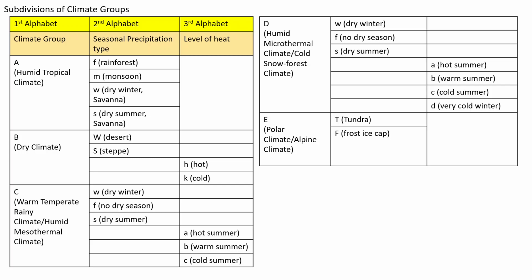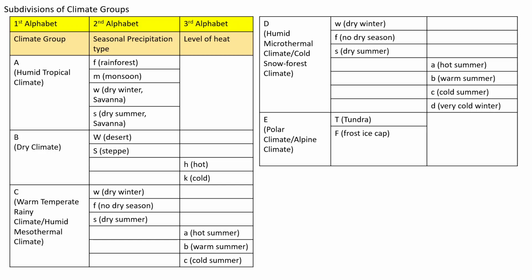The first alphabet in this scheme is the climate group. The second alphabet is the seasonal precipitation type, and the third alphabet is the level of heat. So this scheme is modified and used as the need arises.